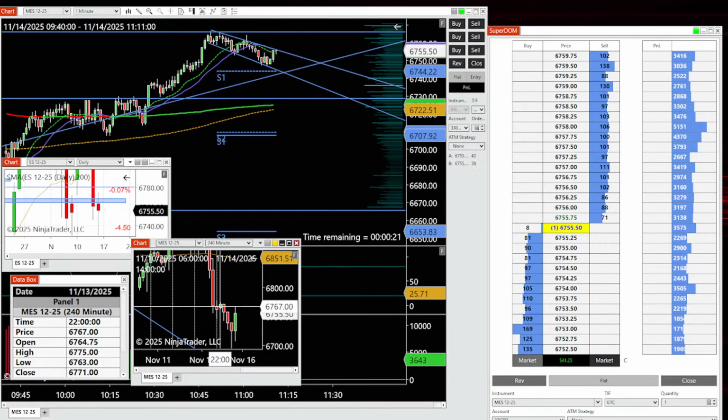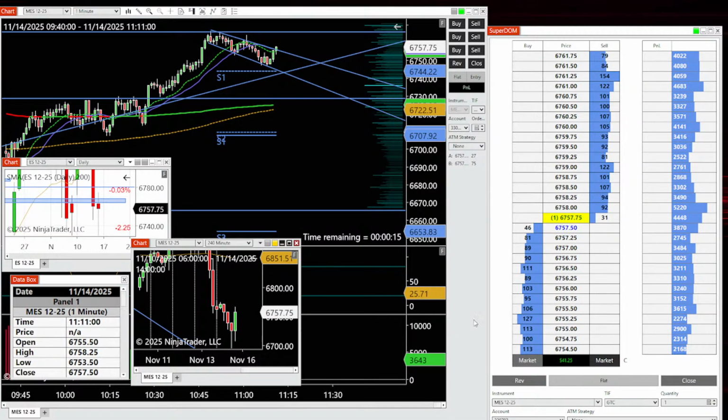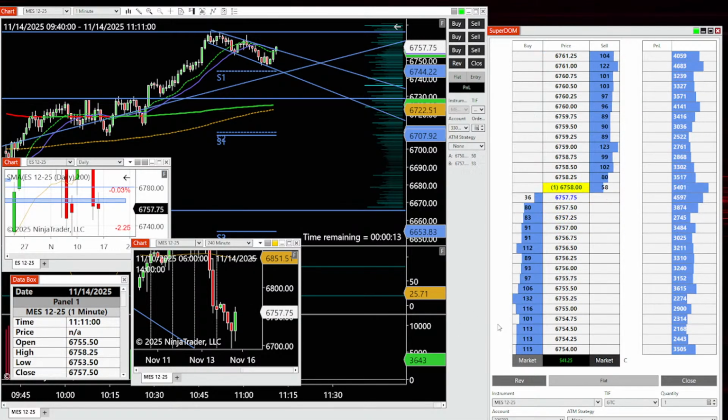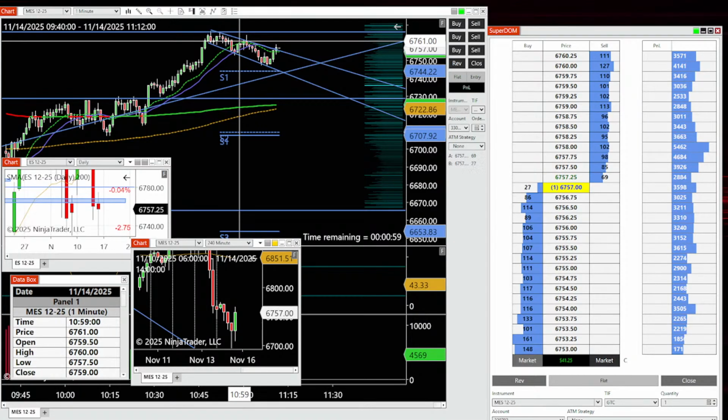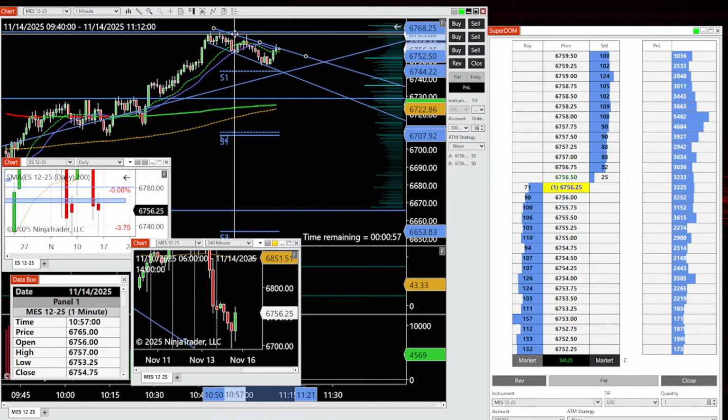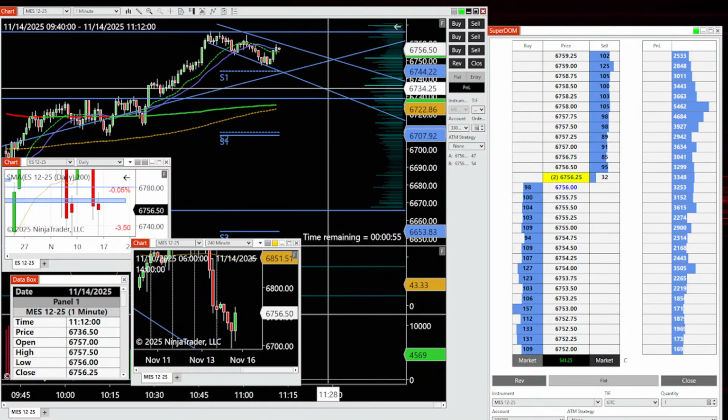Wonder if it wants to test the high, 75. That's the question. If you want to test 75, the high today, you might want to do it. I think we might want to do it. I'll move this to here.